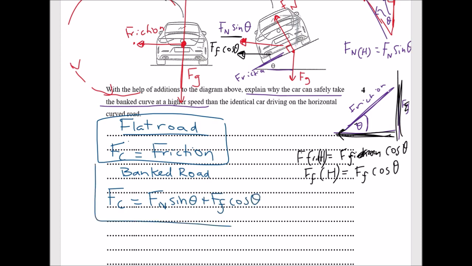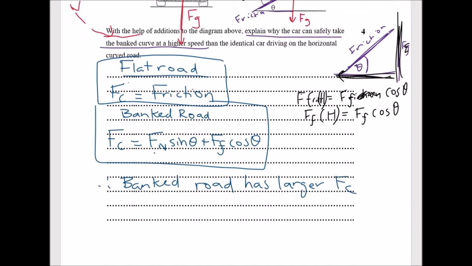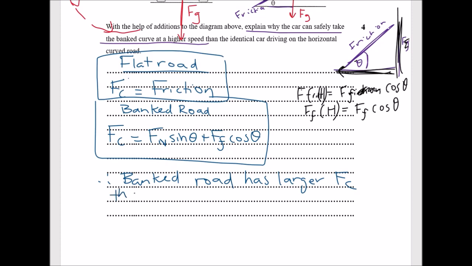So we know that the banked road actually has a larger centripetal force than the flat road, because there are two centripetal force components in comparison to one.